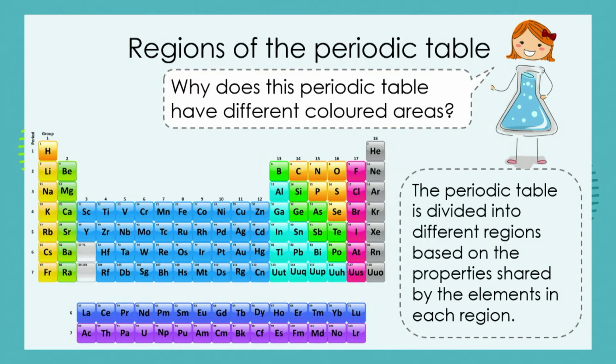And you should remember that in our last lesson, we spoke about the alkali metals and the halogens. And we can see that the alkali metals in group 1 and the halogens in group 17 are all colored the same. And we can understand that they are colored the same because they share properties.